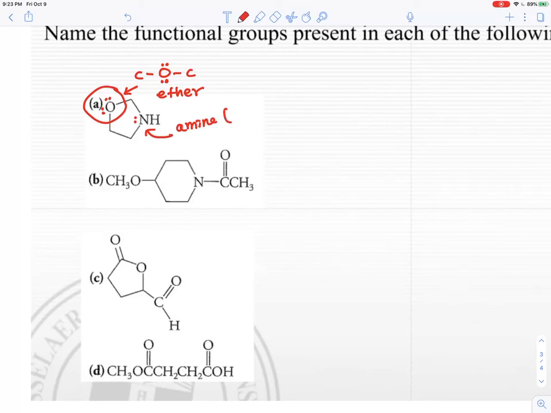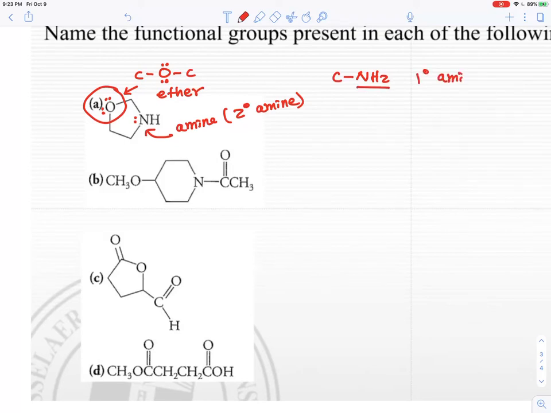This is a particular case we call a secondary amine. I don't think you need to know this far, but that's a secondary amine. When the amine is NH2 with a carbon-based compound, that's a primary amine.